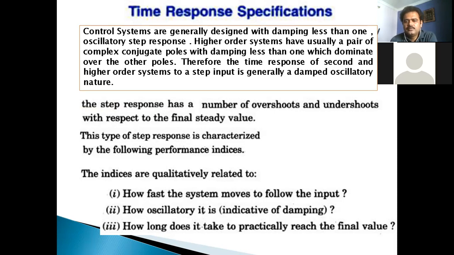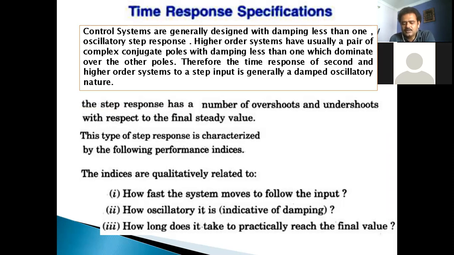When zeta is 0.8, it has fewer oscillations. When it is near 0, say 0.1, it has more oscillations. Even though it is stable, it is less stable compared to the system with zeta 0.8.